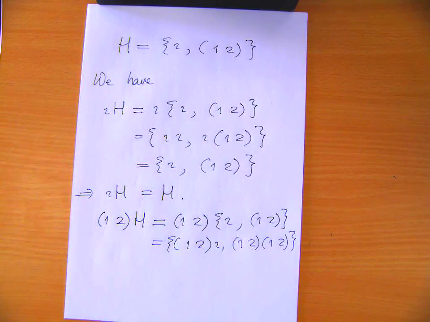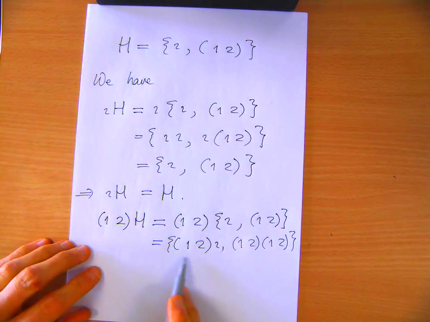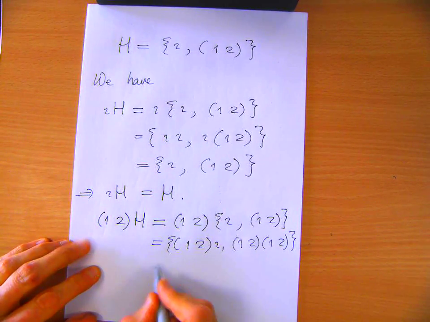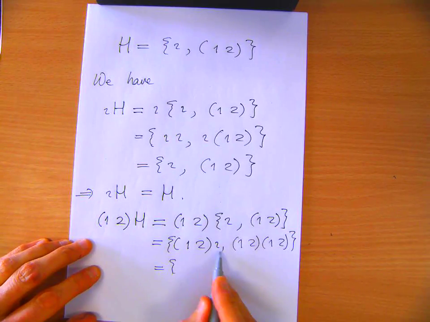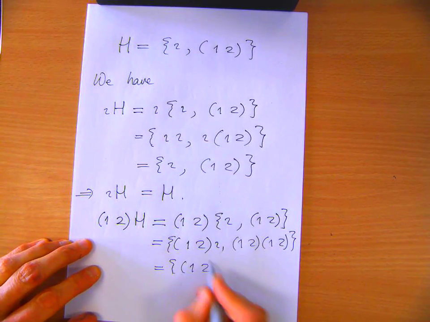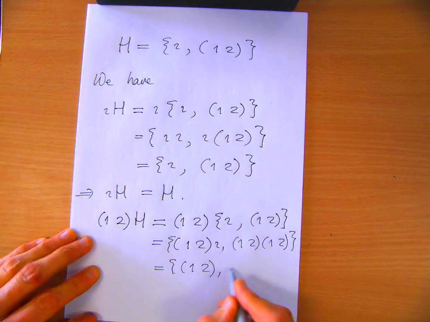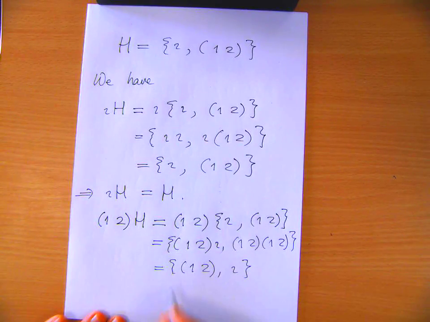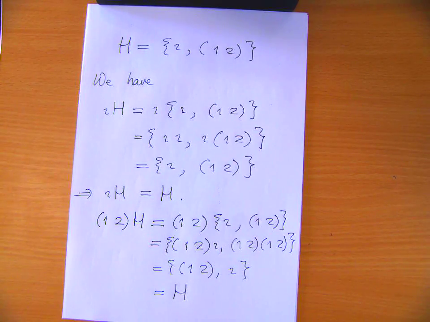So I'm just putting a (1 2) to the left of each of the elements of H, and then I compute (1 2) times the identity is (1 2), and (1 2) times (1 2) is the identity. So I do indeed get H back as expected. Okay?